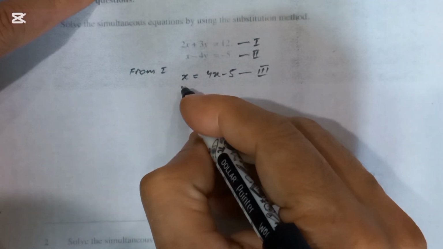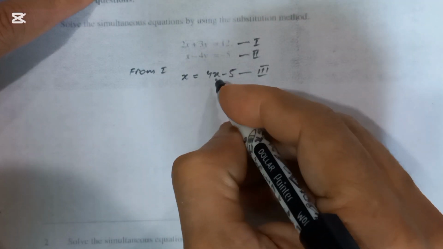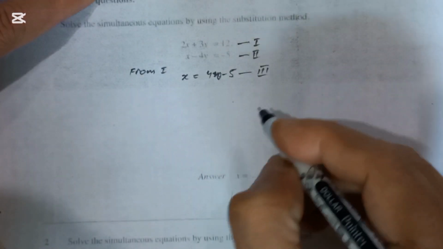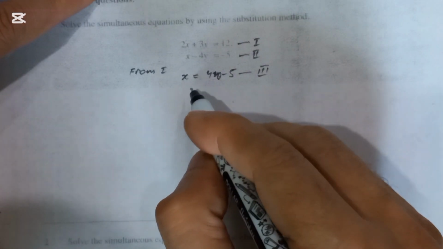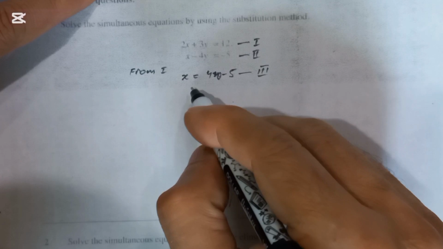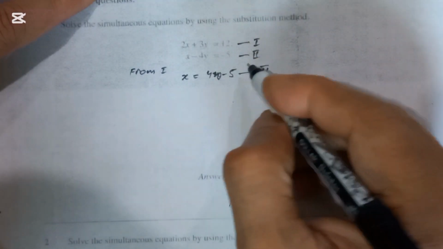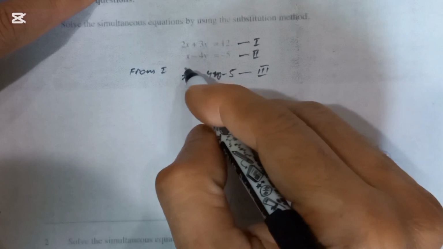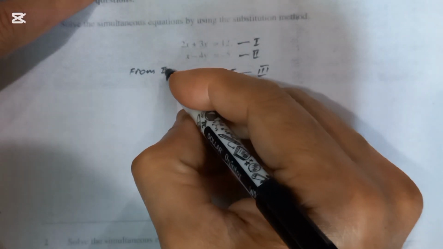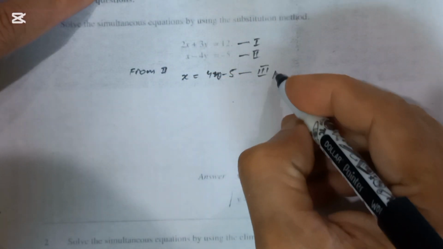So here x is the subject now in the equation, and after making it the subject, put that value in the other equation. We have taken it from equation number 2, so put it in equation number 1.